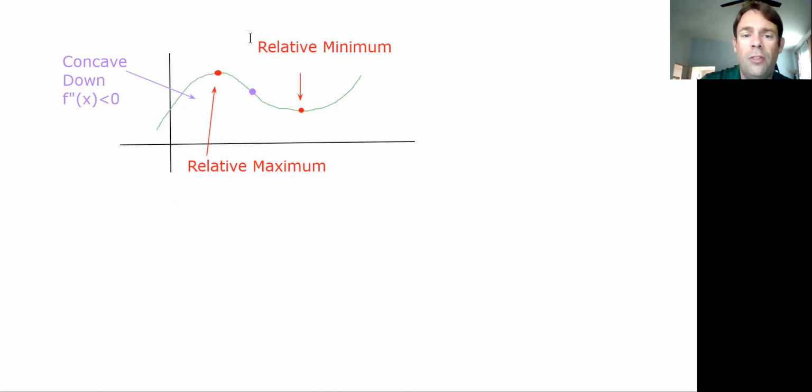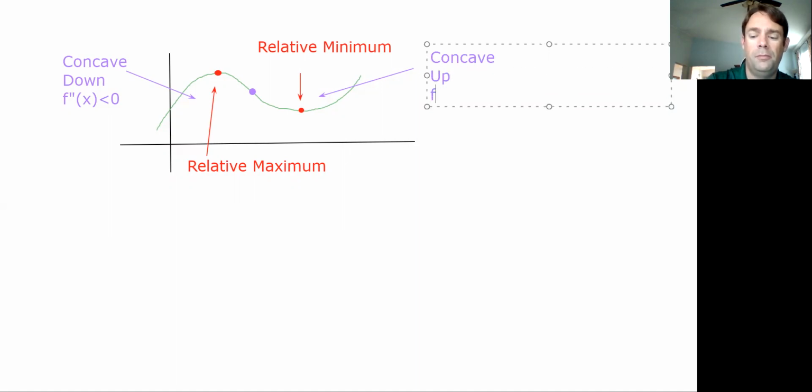That point of inflection breaks up the concavity, so we had a portion that was concave down, and the other portion that was concave up. So let's write that in there. This section is concave up. Again, our concavity is broken up by the point of inflection, the POI.